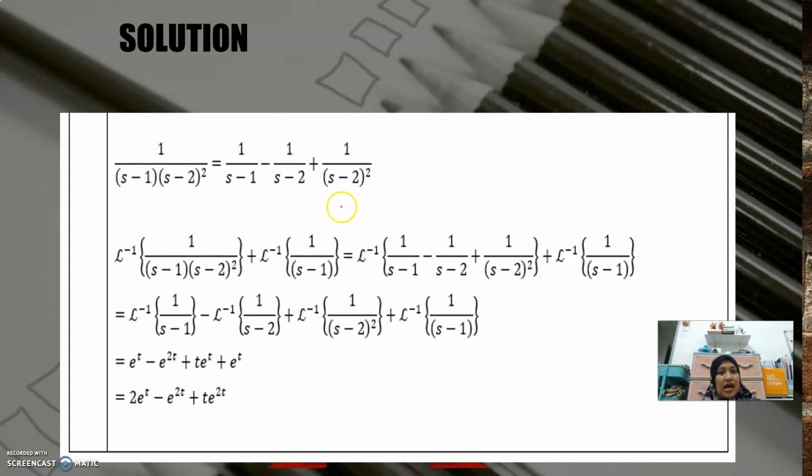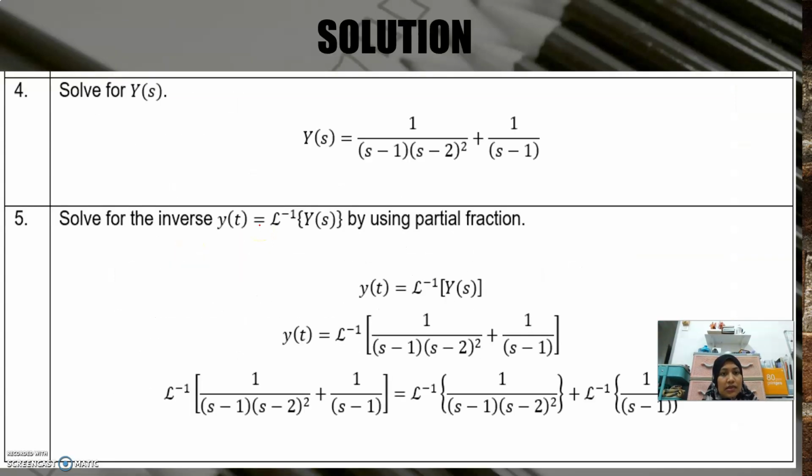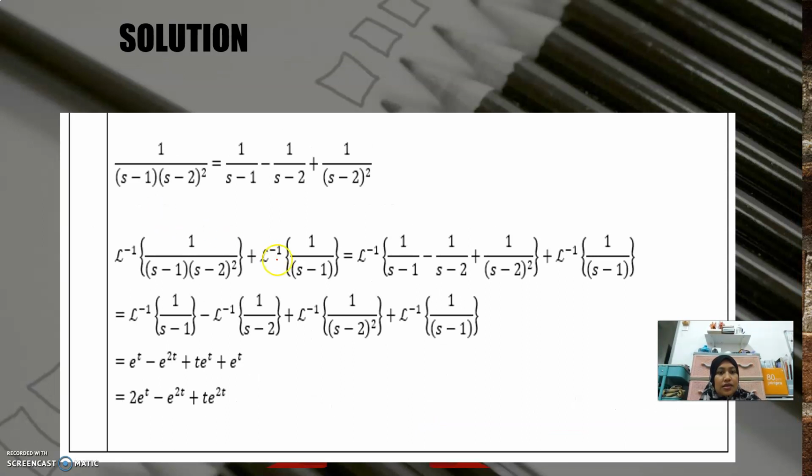And then after that, back to the full equation for inverse Laplace transform, which is this.